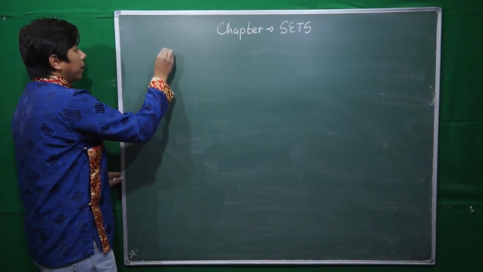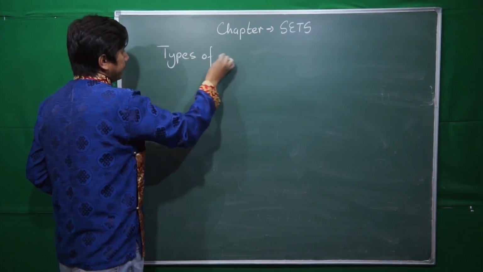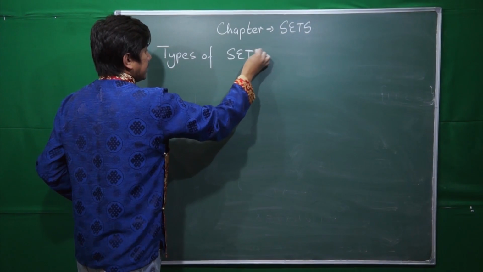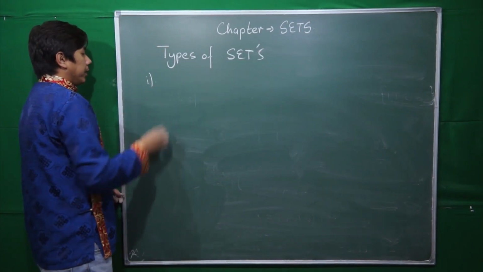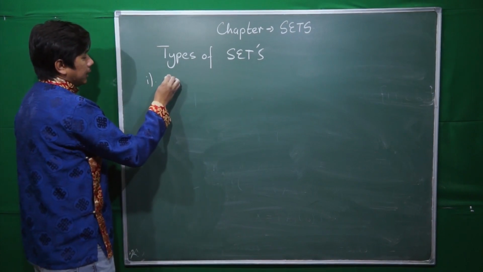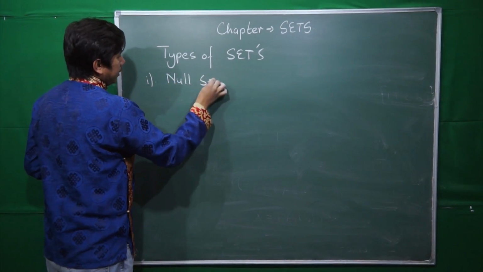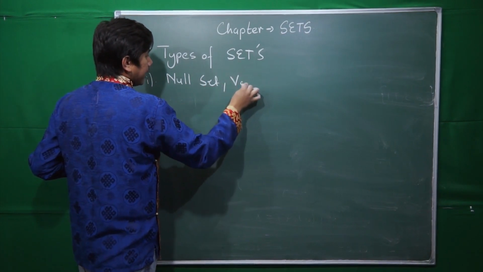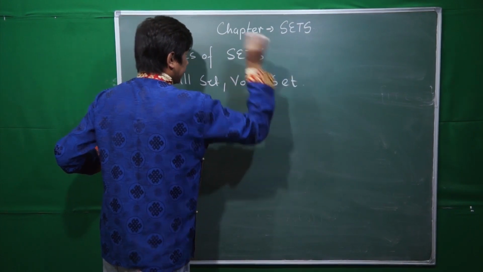Next, we are going to talk about types of sets. The first type of set, which is a very important set, is known as the null set, also known as the void set.